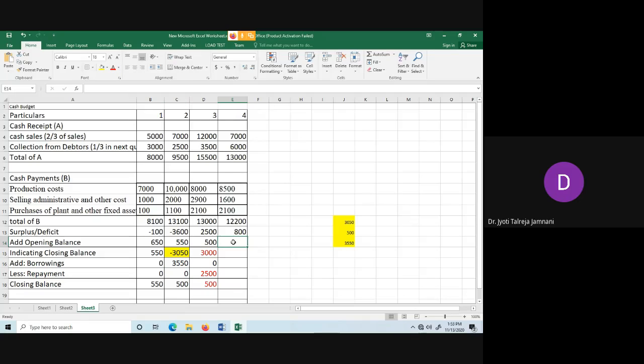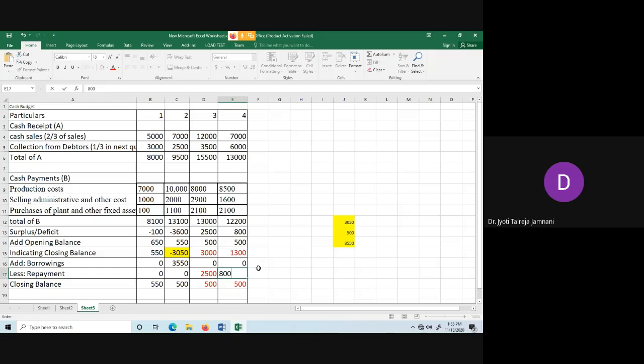Okay, so then 500 becomes the opening balance for the next quarter, and then you again find the indicating closing balance. It is 1300, which is much higher than required 500. So you will keep it as 0 as borrowing, and you need 500 here. You have 1300, you need 500. So remaining 800 we can repay.